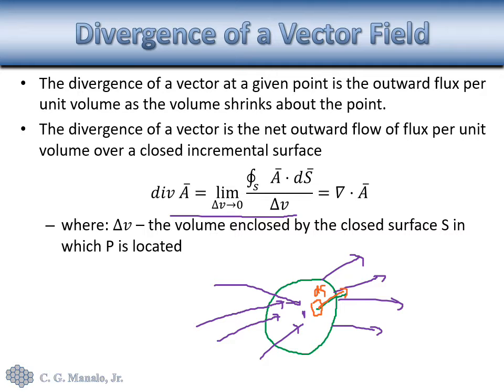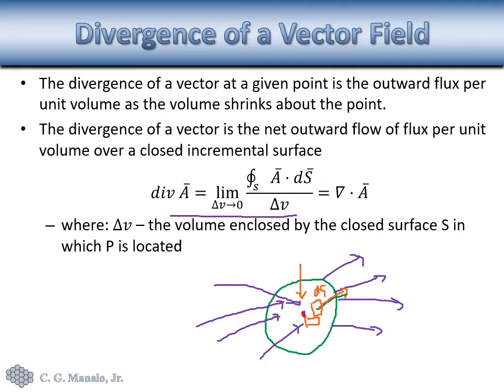We take the dot product of that and we add all of those dot products over the entire surface. Then we divide it by this volume here, and we let that volume shrink into an infinitesimal volume, and we take that limit. What we're going to get is the actual divergence of the vector field at that point here.